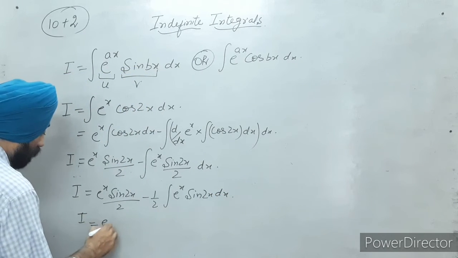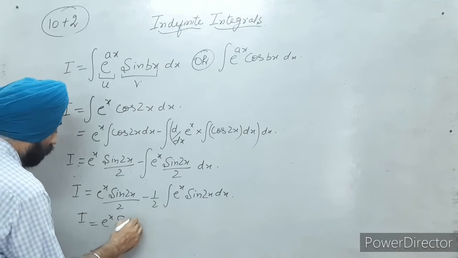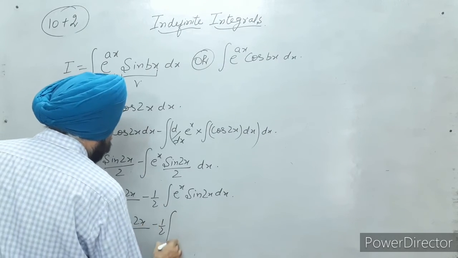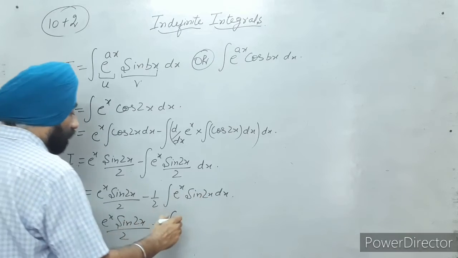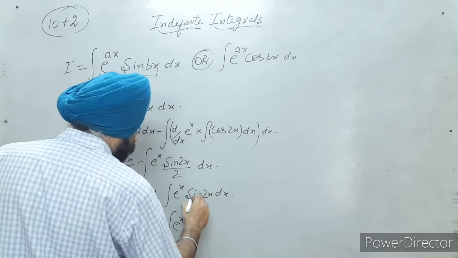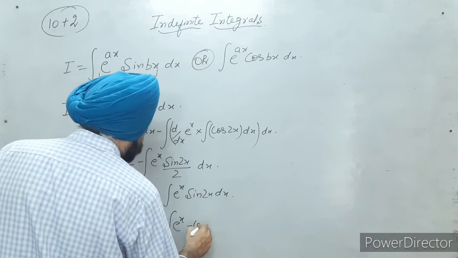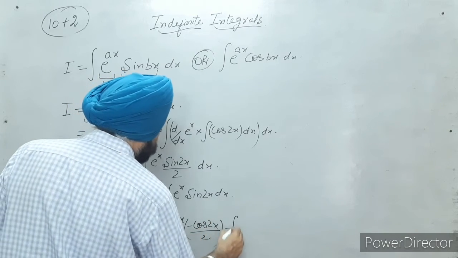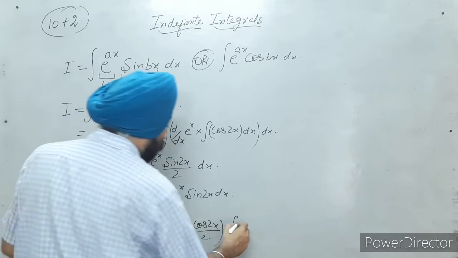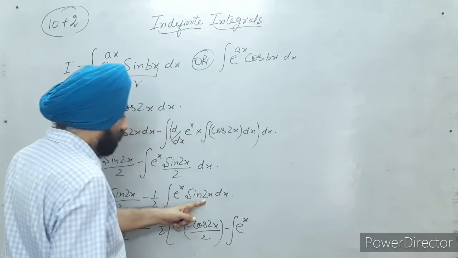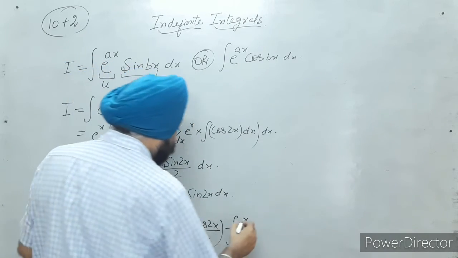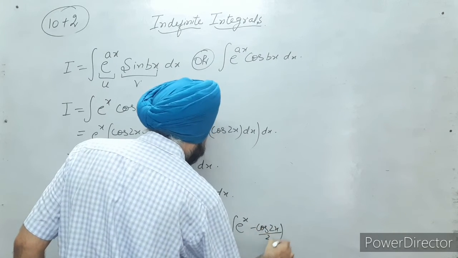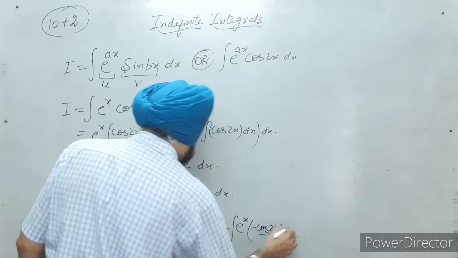Again use u into v. That is first, integral of sin 2x is negative cos 2x divided by 2, minus integral derivative of e to the power x is e to the power x, integral of sin 2x is negative cos 2x divided by 2 dx.